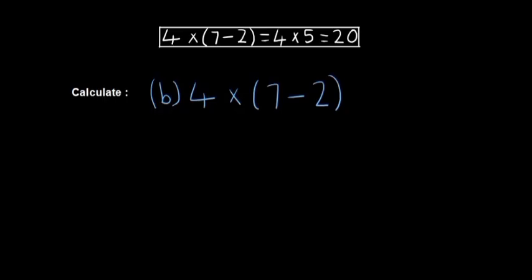So it means multiplication is distributive over addition. In this question, we're gonna check if the distributive property of multiplication is distributive over subtraction. So we're gonna distribute the 4 to the 7, and then we're going to distribute the 4 to the 2.